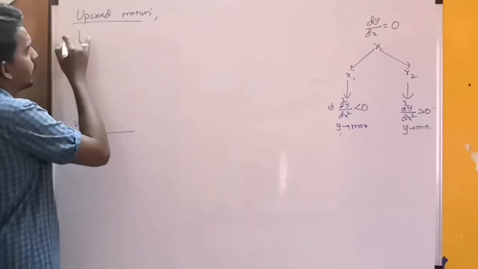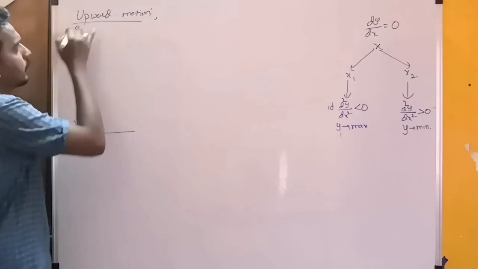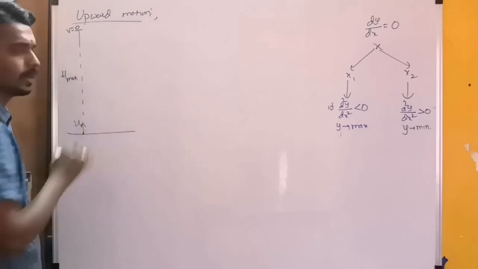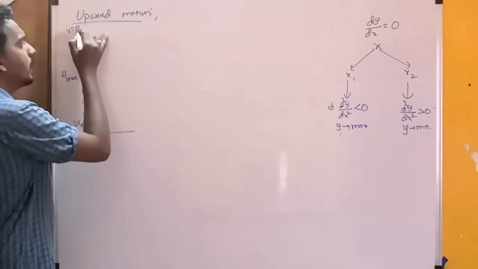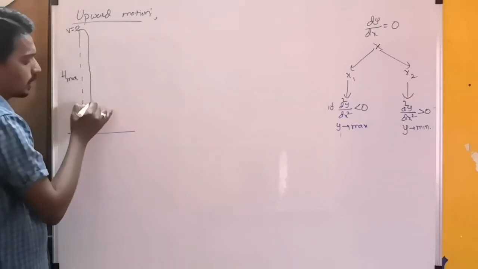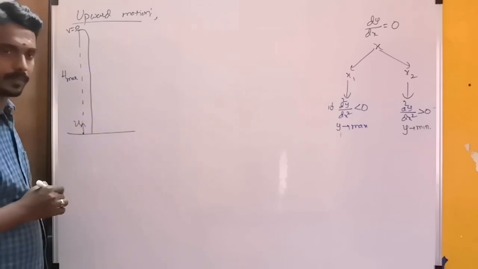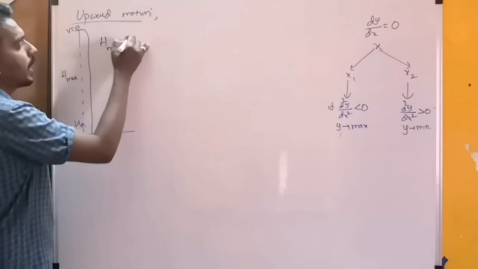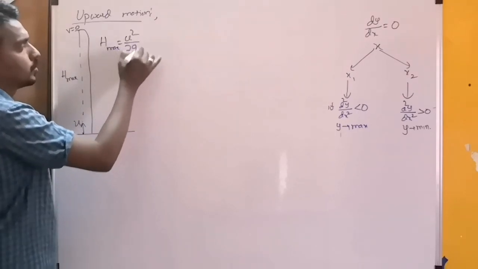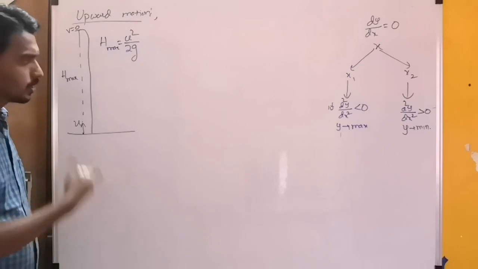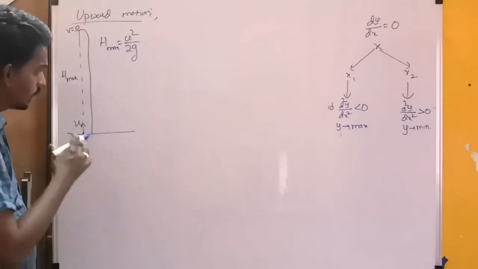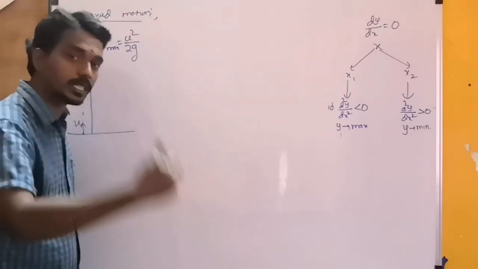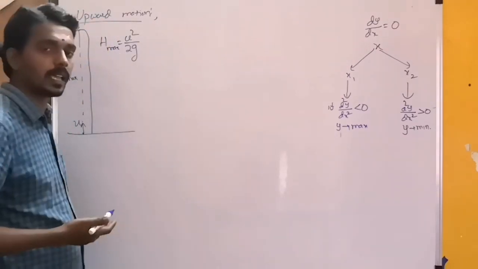At a particular moment its velocity becomes 0 and the height reached by the particle becomes maximum. Then it starts coming back. This maximum height formula you derived as u square by 2g using the conditions. But here let us take the maxima and minima procedure and get the same thing.